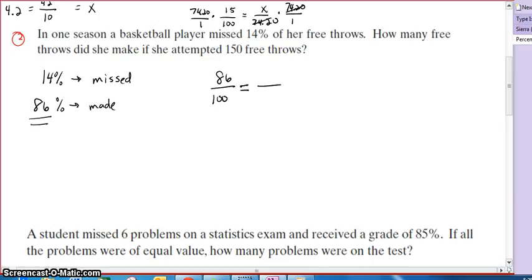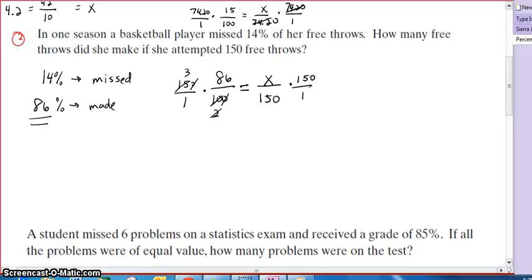She attempted 150. That's her total. I want to know how many did she make. So now I just need to get x by itself. Multiply by 150. I'm going to reduce already. I know that I can divide both of them by 10. Take off the zeros. And I know that 15 and 10 are both multiples of 5. 3 and 2 left over.